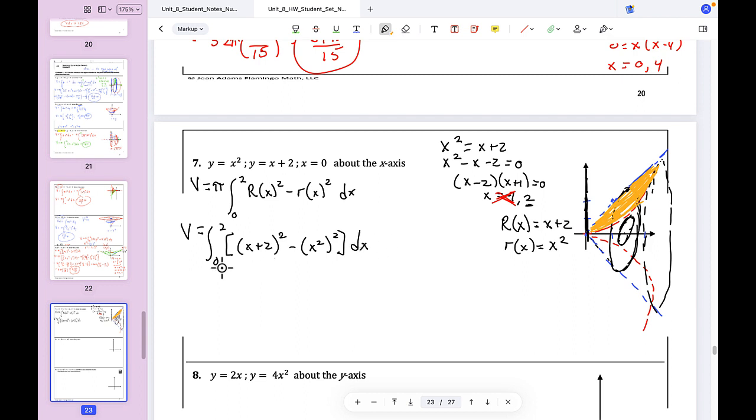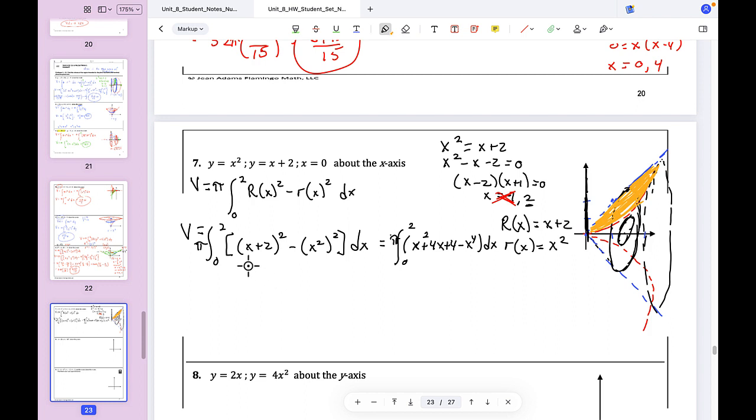So we will expand this out. Okay, so this is going to be, I forgot my pi here. So important. Pi times the integral from 0 to 2, and this is going to be x squared plus 4x plus 4 minus x to the fourth dx.